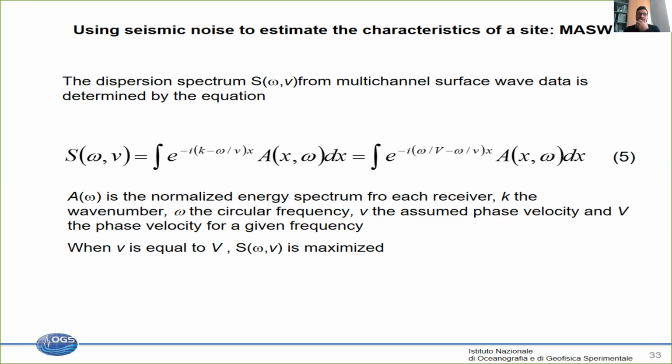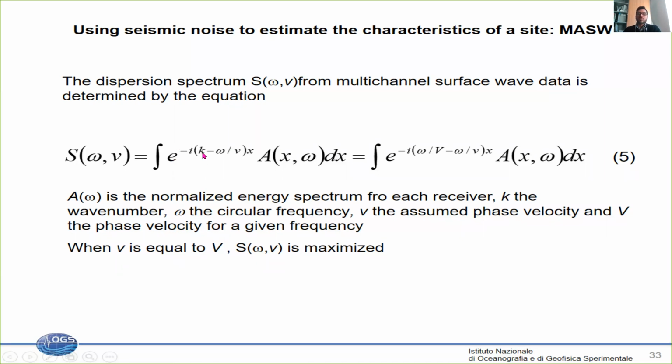Okay, I can just tentatively shift with a tentative velocity. For example, here you see V, for each frequency. So if I change this term, you see it is changing the phase. Do you remember this? We saw it in the first equation.